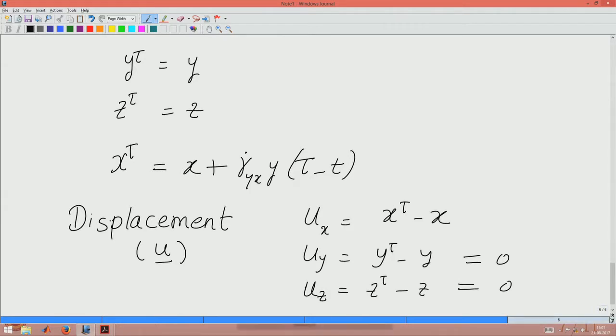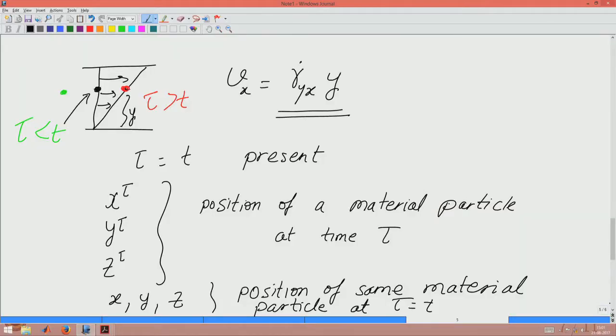Now, the deformation exists if there is relative displacement between two material particles which are next to each other. So, the one which we have drawn as black and the other particle which is grey, are they getting relatively displaced with respect to each other? Yes, because in some time in future this particle would have gone a little bit further down and the other particle would be further to the left, because the top particle is moving faster while the bottom particle is moving slower.